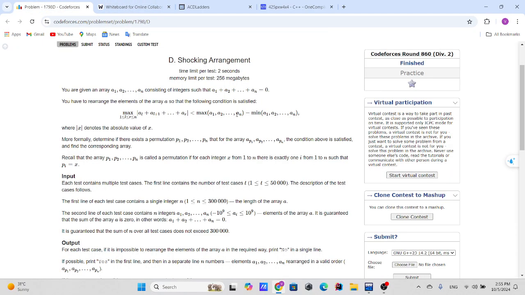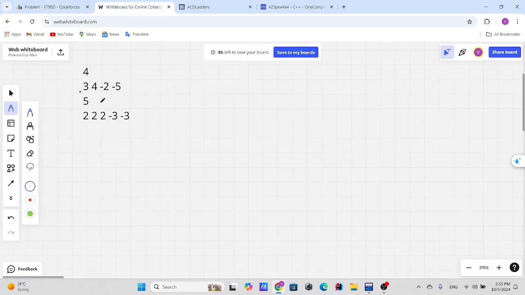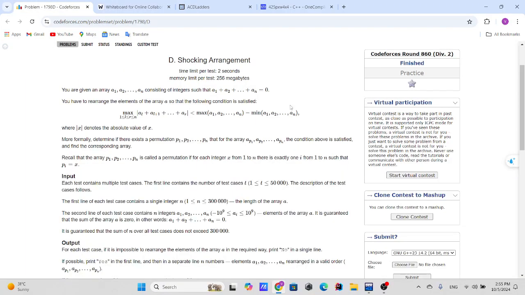What is max minus minimum? Max is 4, right? So it must always be smaller than 9. Maximum must always be smaller than... Oh, okay.